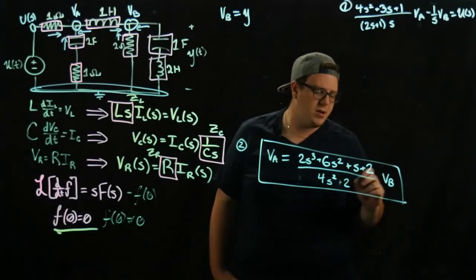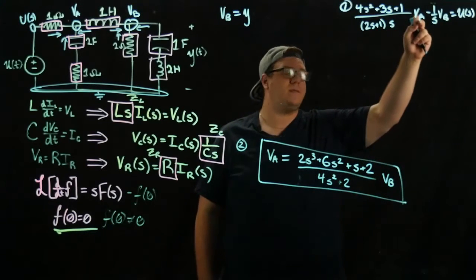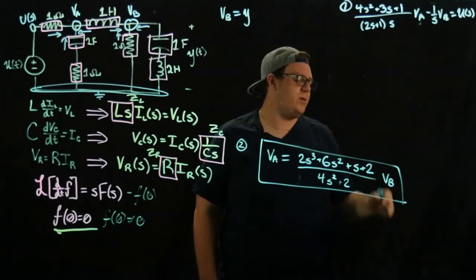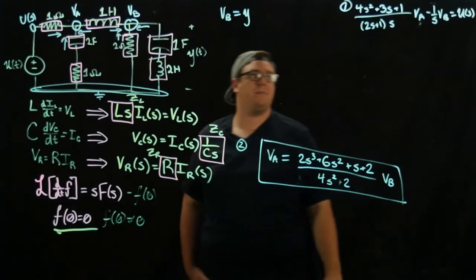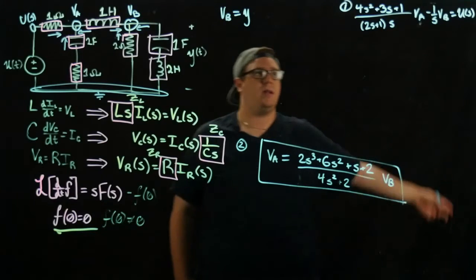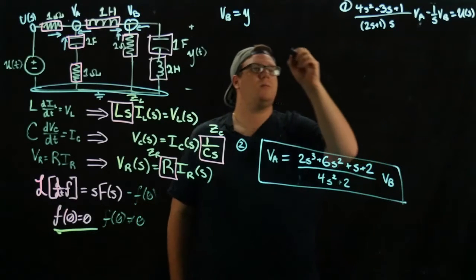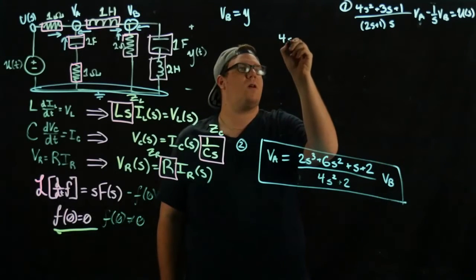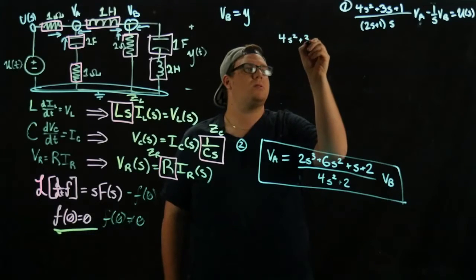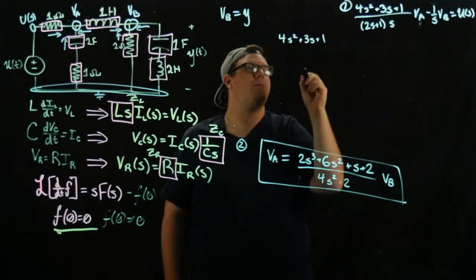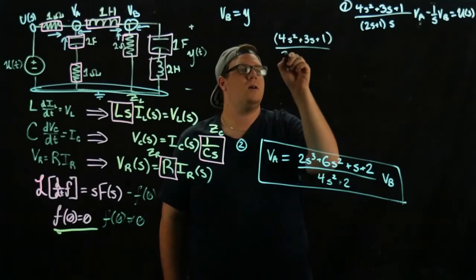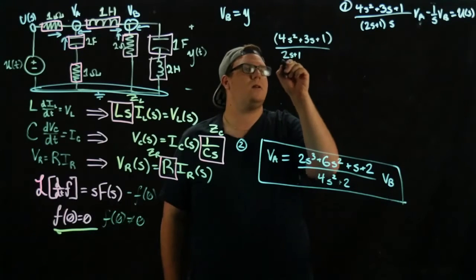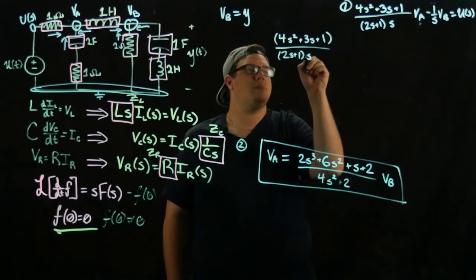So what we're going to do is take this occurrence of VA, and replace it with this whole big thing times VB. So what we end up with is 4s squared plus 3s plus 1, all divided by 2s plus 1 times s.